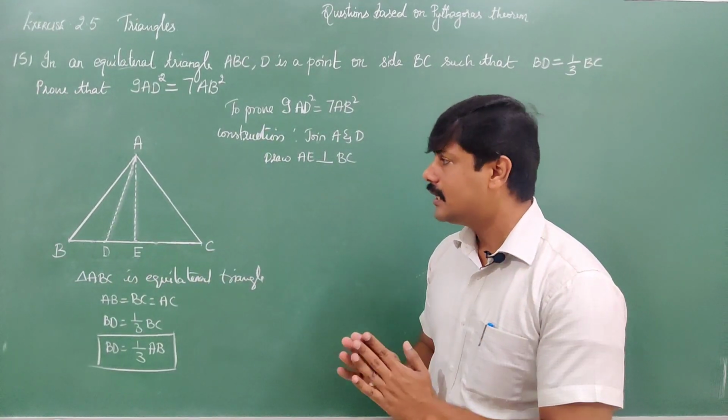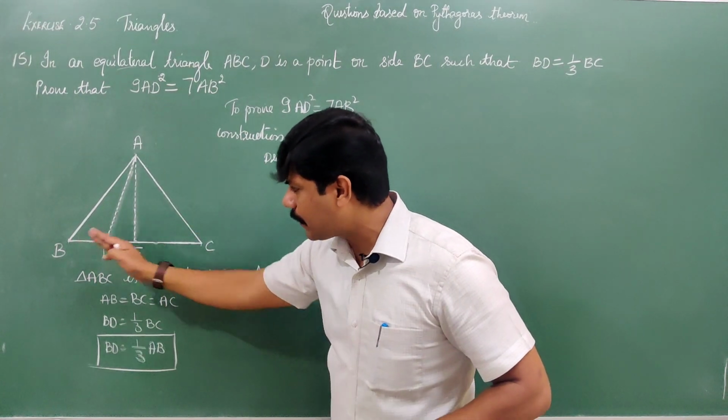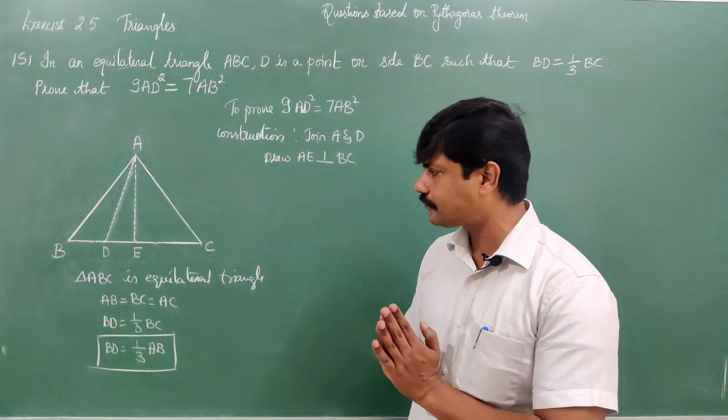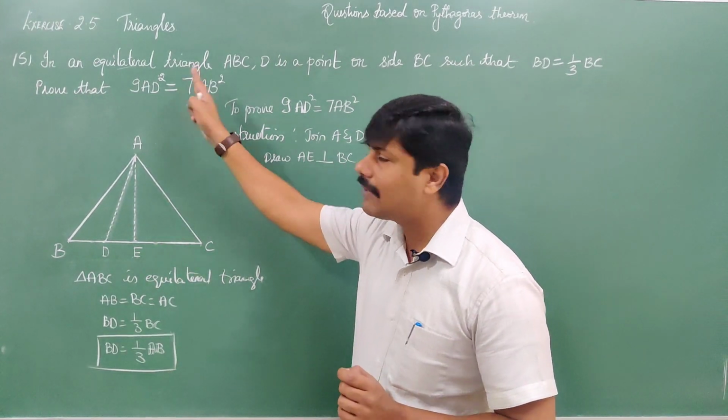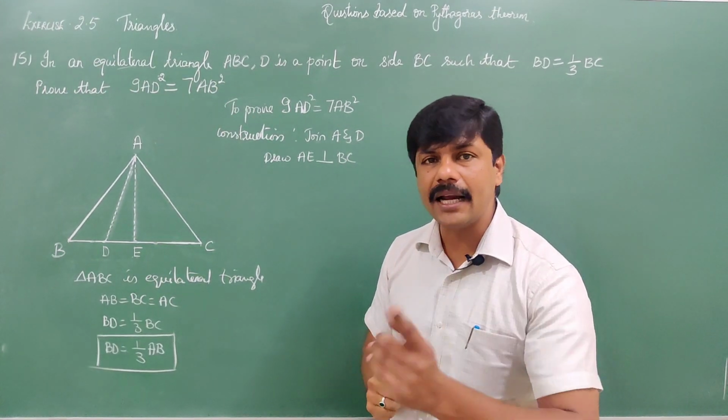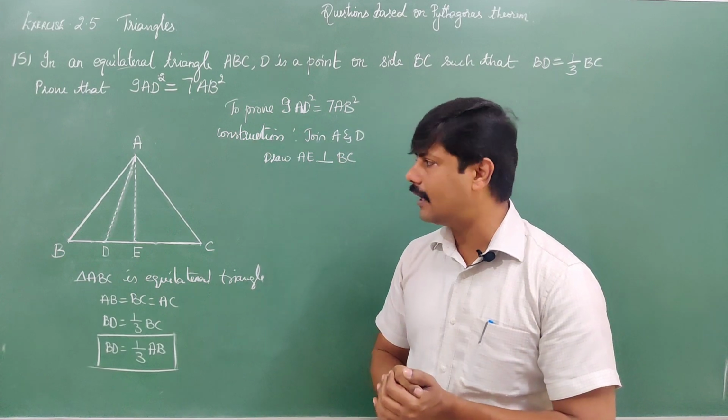Since we have drawn AE perpendicular to BC and ABC is an equilateral triangle, what kind of triangle is ABC? ABC is an equilateral triangle.